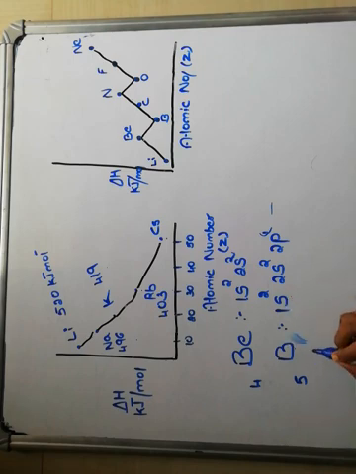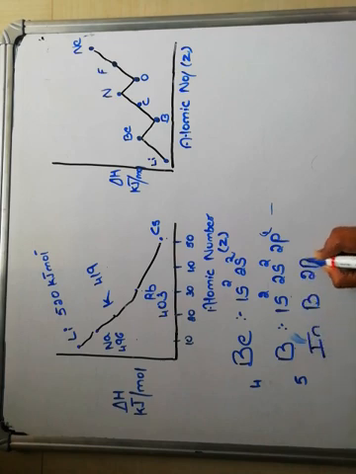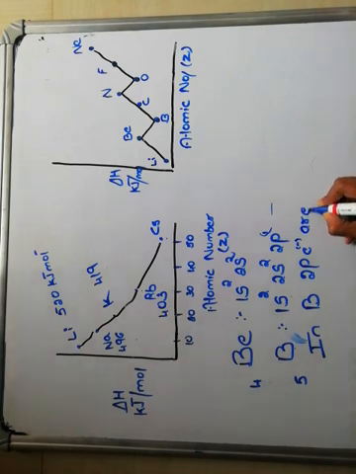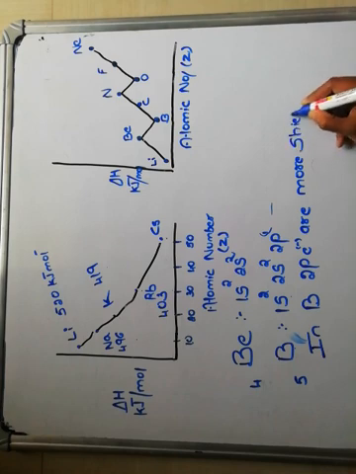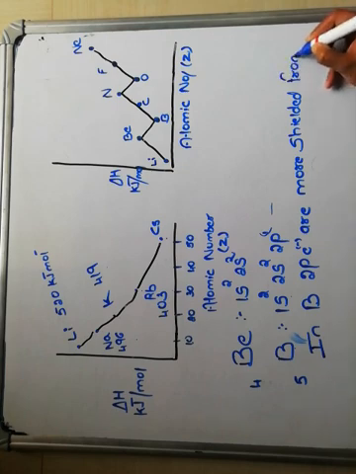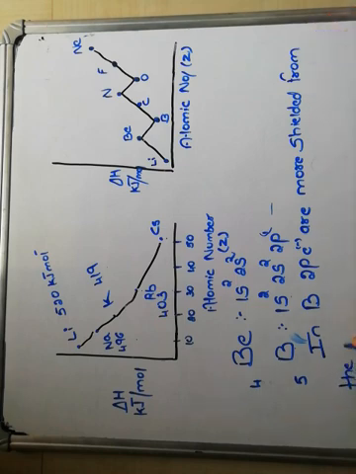So what we can say here is, in the case of boron, 2p electrons are more shielded from the nucleus by the inner core electrons.